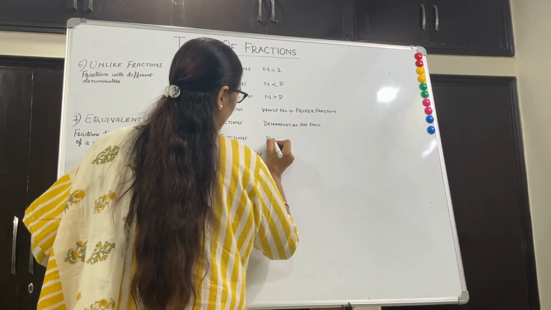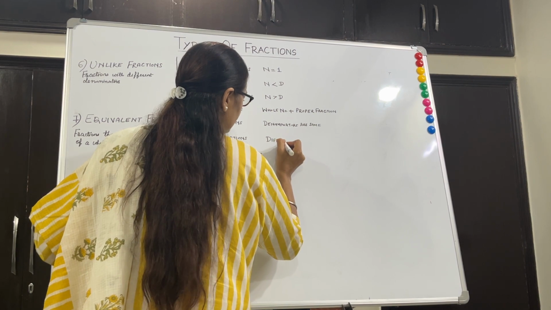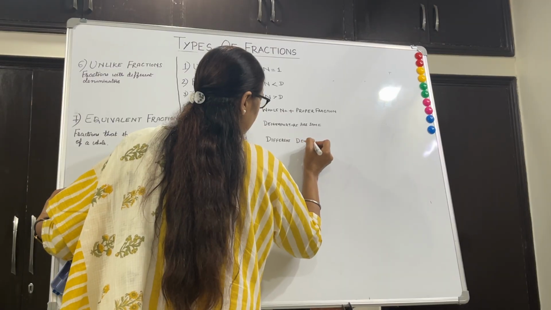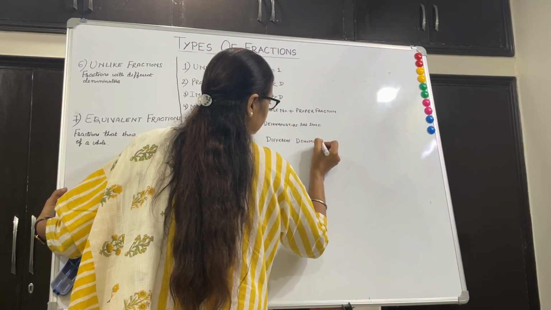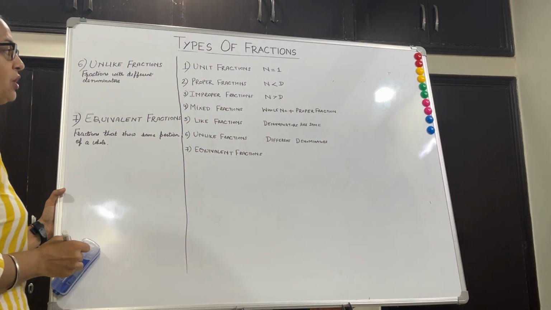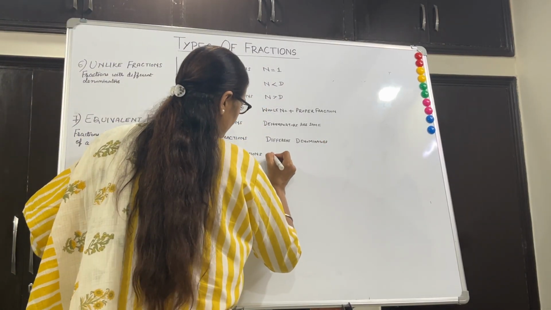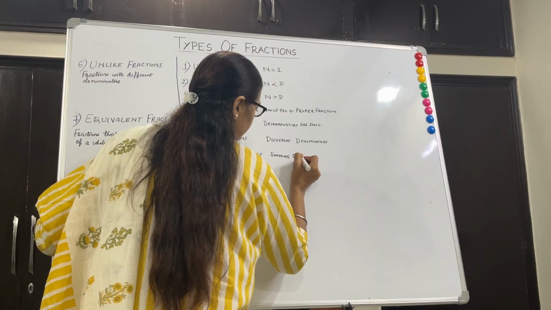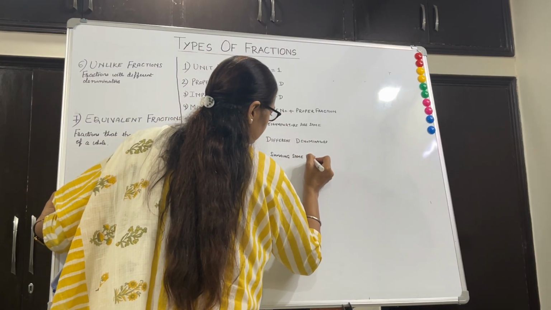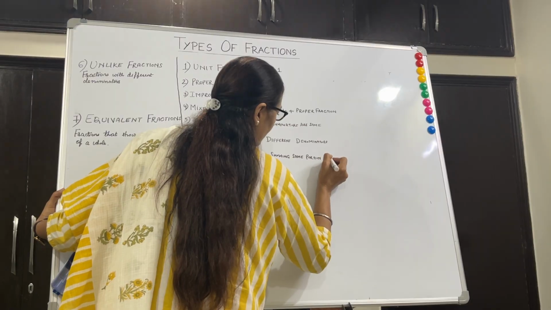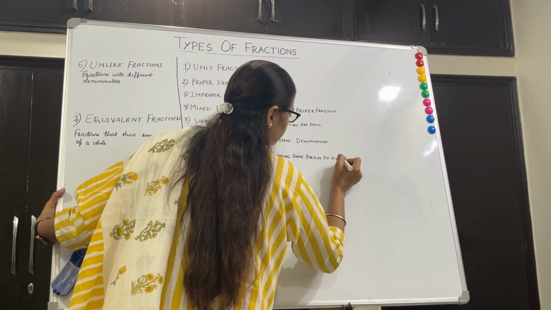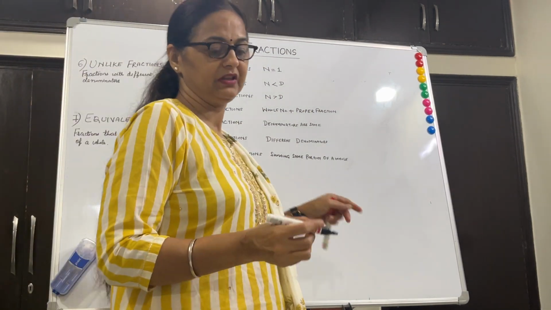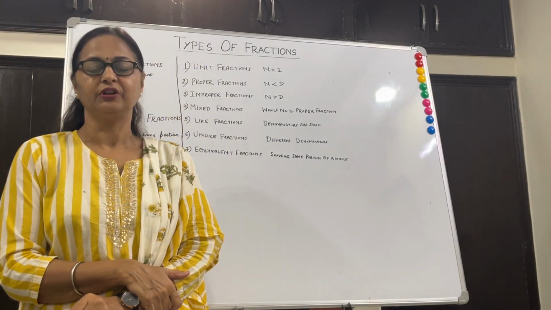And here different denominators, unlike fractions have different denominators. And equivalent fractions are showing same portion of a whole. Okay? So these are the 7 types of fractions that you need to know.